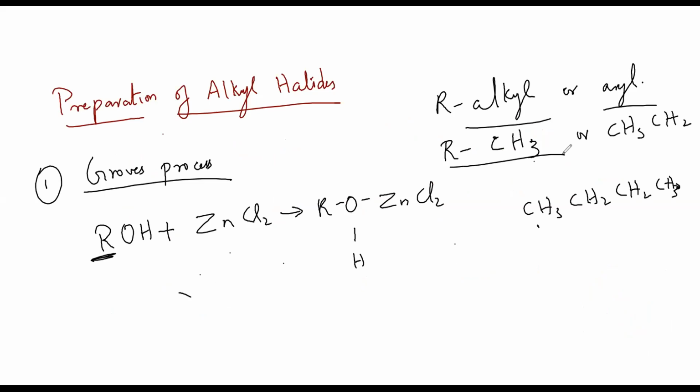And this undergoes a two-step reaction. Two-step reaction in the sense what? It is an SN2 reaction. Which will give me what? Alkyl halide, R plus this OH I can write as HO, ZnCl2.